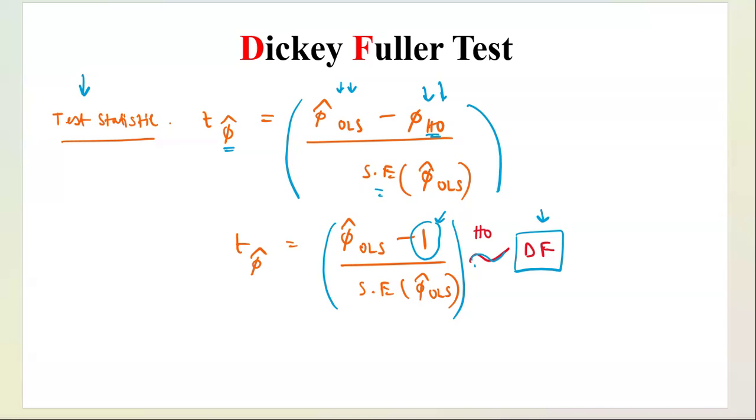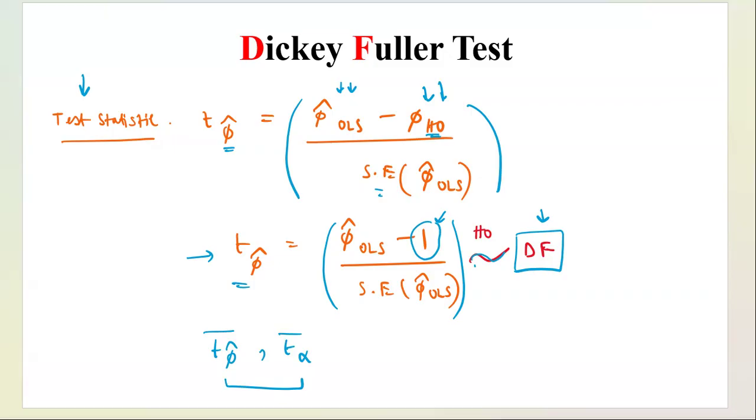And from that, you have to compare the calculated value and the critical value. So from this step, you find the calculated value of T cap, and from the table, you find the critical value. Suppose this is T alpha. The conclusion can be derived by comparing the values of this T phi cap and T alpha, that is, the calculated value of T and the critical value of T. This is the usual process of how you perform hypothesis testing.